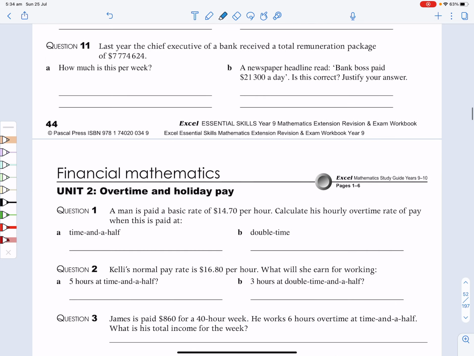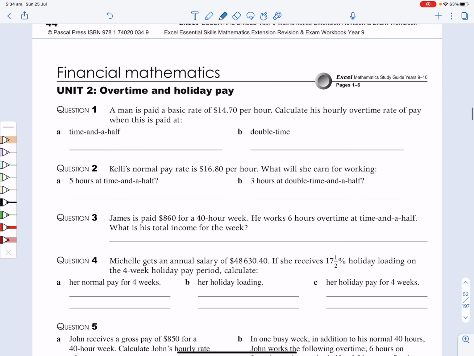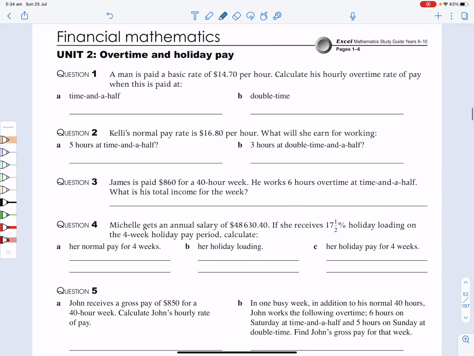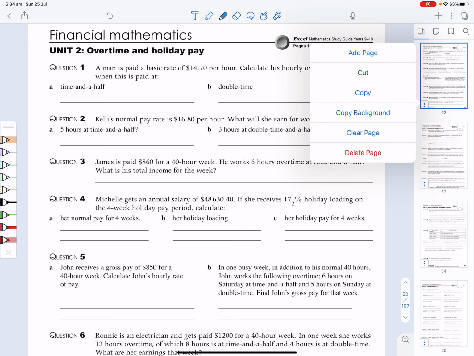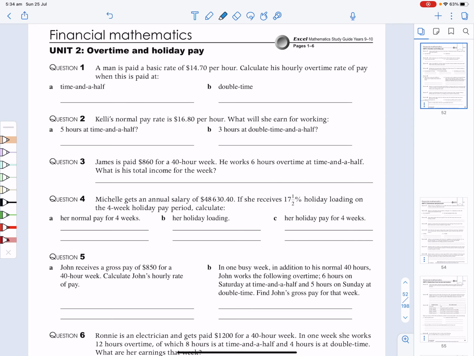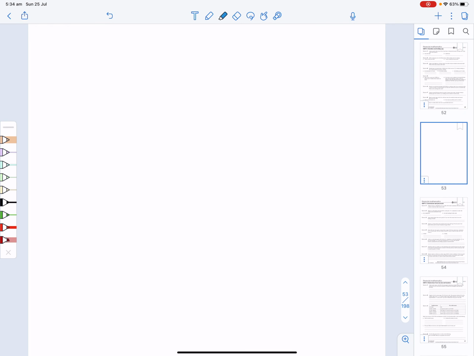All right. Let's go on to the second page, which has a bit more explaining to do. So just making sure that we all understand what the difference is between the different types of pay. So let's say you're getting paid, for example, normally $10 per hour.